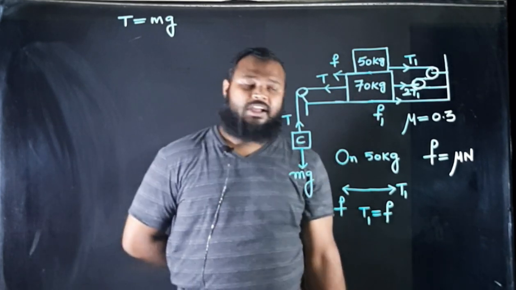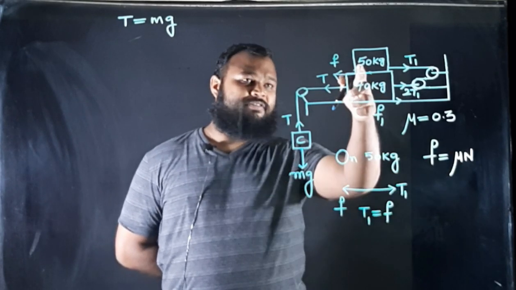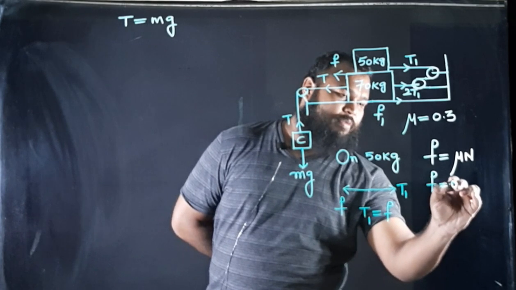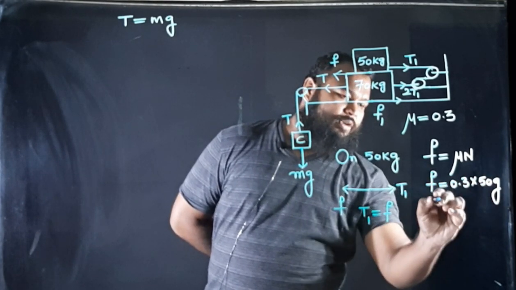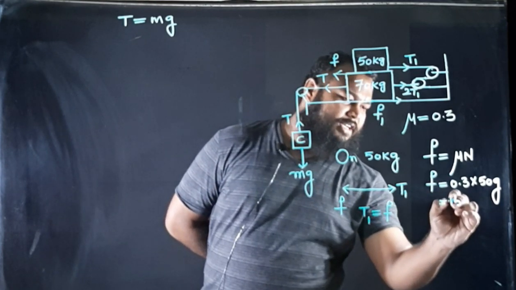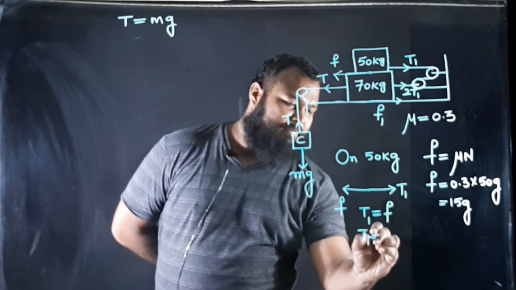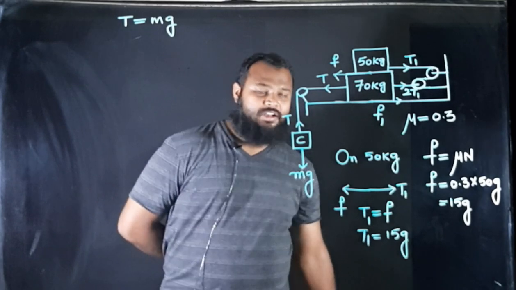They get balanced vertically, so you can write N is equal to mg. Here m is 50, so 50g. So friction F becomes mu, which is 0.3, into 50g. So it becomes 15g. So the value of F is 15g. Hence T1 becomes 15g. So you got the value of T1.